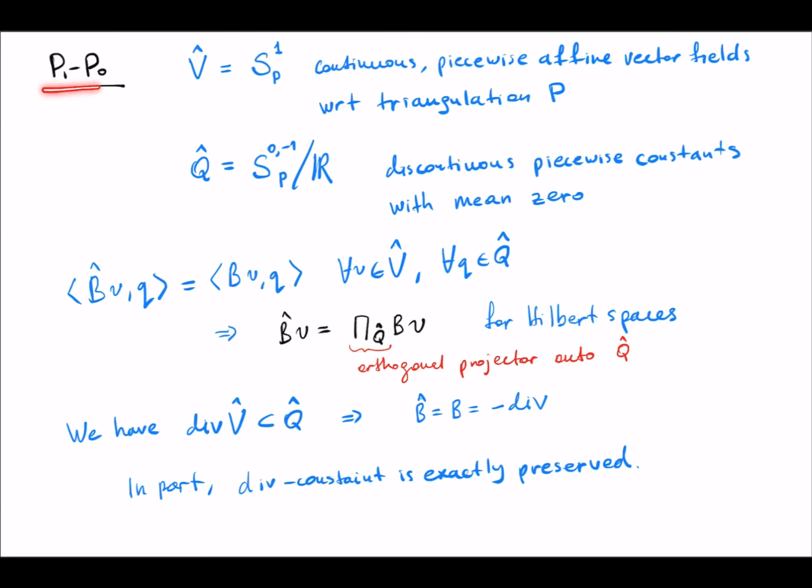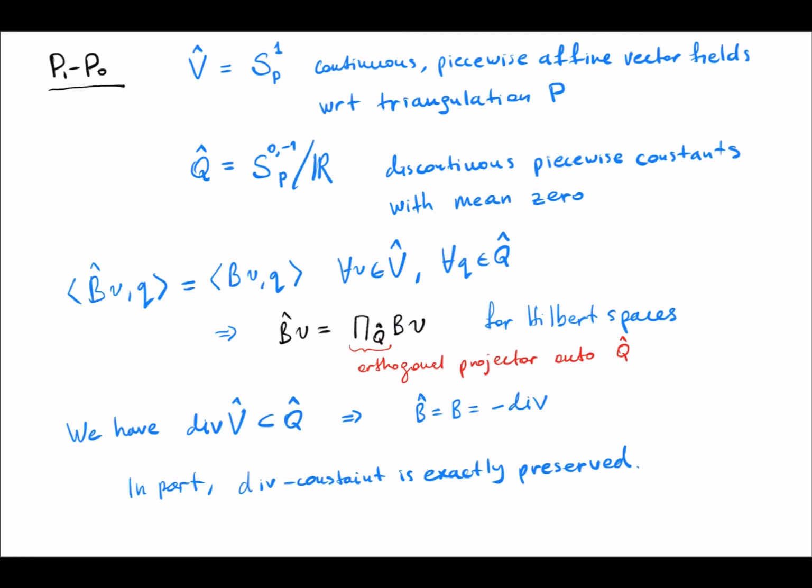Now in this particular case, P1-P0, if you take the divergence of a P1 vector field, a continuous piecewise affine vector field, you're going to get some piecewise constant function. That means the application of the L2 orthogonal projector onto Q hat will be trivial, because you already have something in Q hat. That means the discrete divergence is actually equal to the exact divergence.